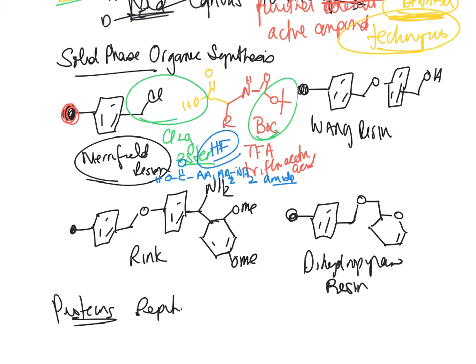Now, you can do different resins. The Wang resin, let's see if we have the Wang. Yeah, the Wang resin is in figure 16.6 in your book, so page 328. And you can see this OH here is also with a carboxylic acid, okay?